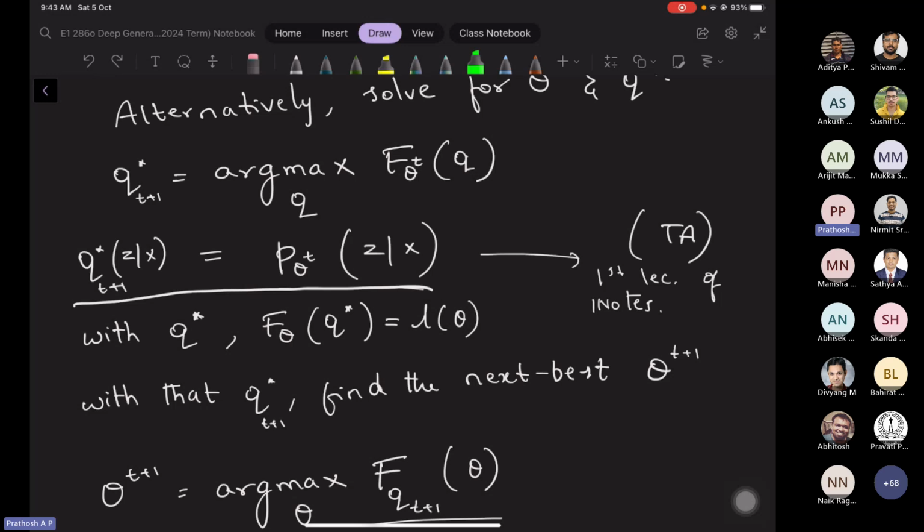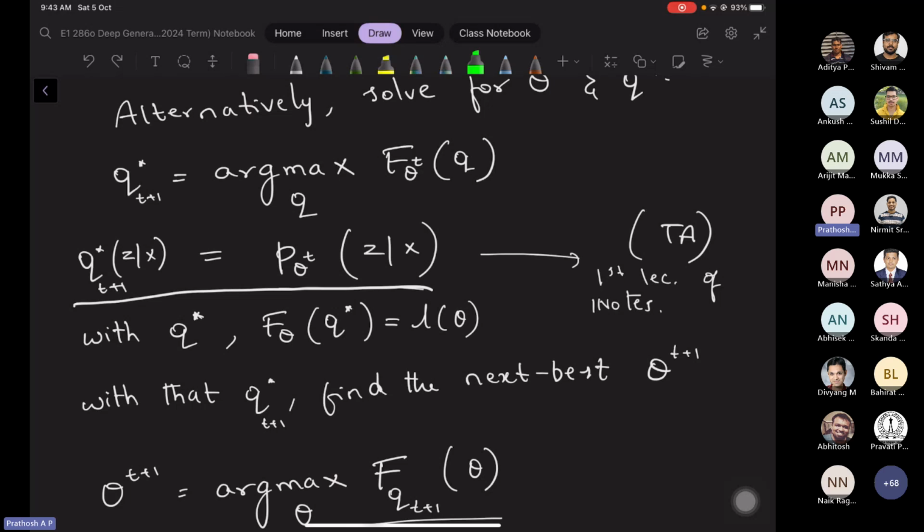Okay. Now, what can be shown? Raghavendra, I said this last class, maybe you have forgotten. This is in GMM. The way to find this q, you said that q is unknown, no? What can be shown is that at a given theta, the optimal q that would make the lower bound tight. What do you mean by lower bound tight? The lower bound that we have constructed on the log likelihood will be equal to the log likelihood.